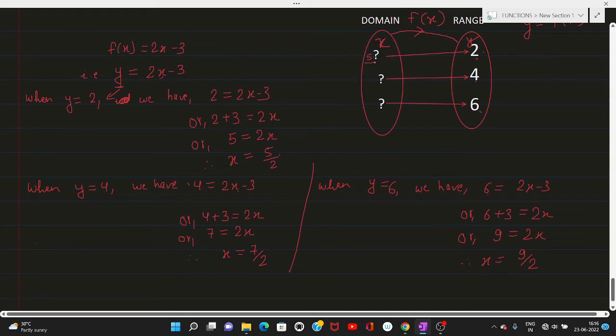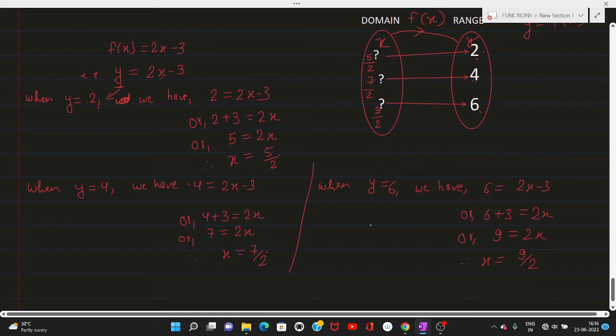Again, this 4 is related to 7 by 2. So here we should put 7 by 2. This 6 is related to 9 by 2. So here we should put 9 by 2.